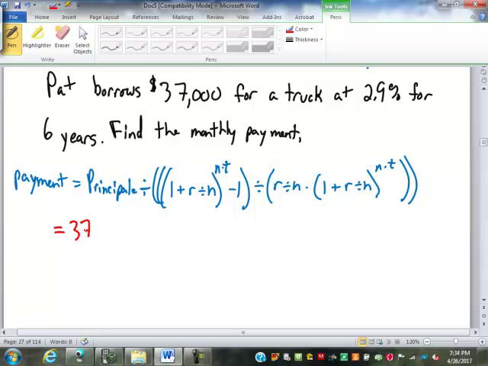So this is going to be $37,000 divided by open parentheses, open parentheses, 1 plus 0.029 divided by 12, close parentheses, the power of 6 times 12 is 72 periods.